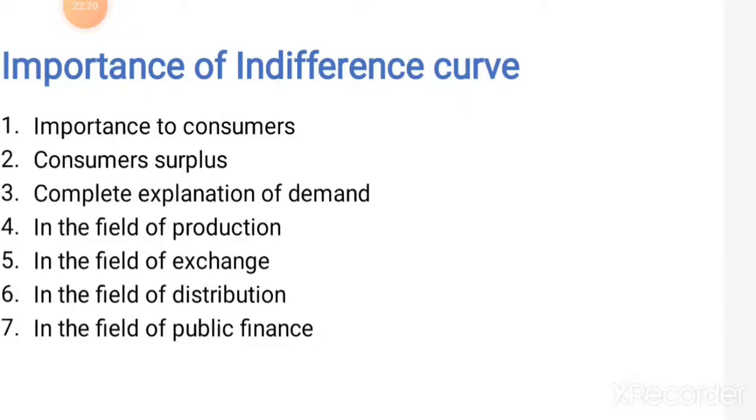So this graph will help us select the commodities from which we get higher satisfaction. This indifference curve will help consumers in selecting the combination of goods which has the highest satisfaction. So the next one is consumer surplus.